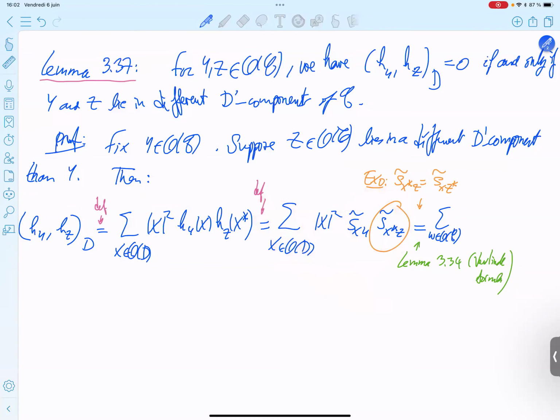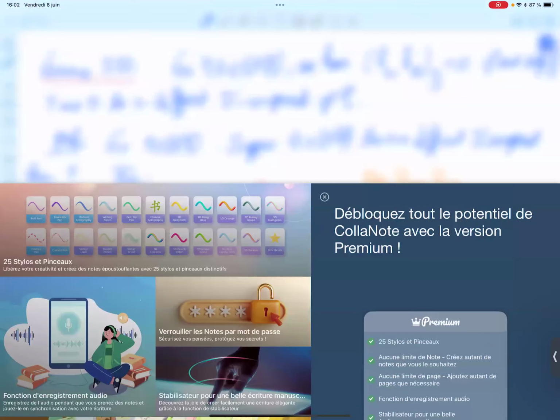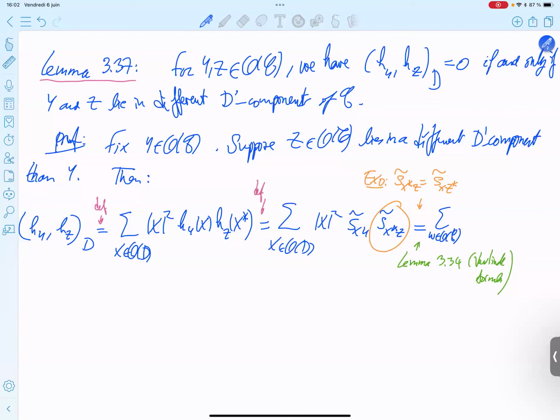So sum of that, you have the coefficient of the Verlinde formula N, Y, Z star now, because we put this star. X simple in D, norm, and X like that.